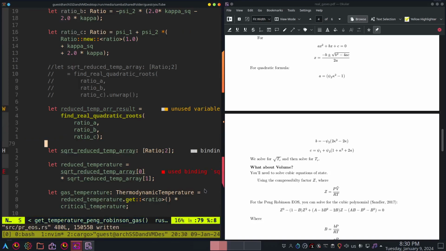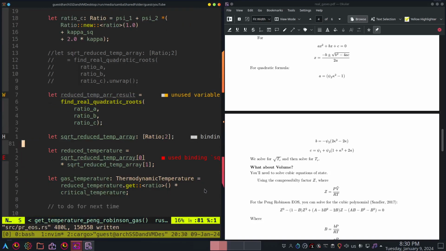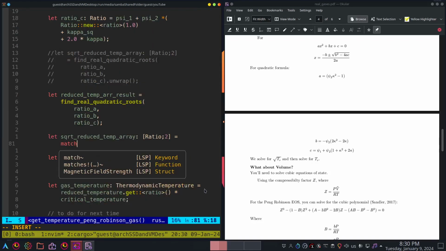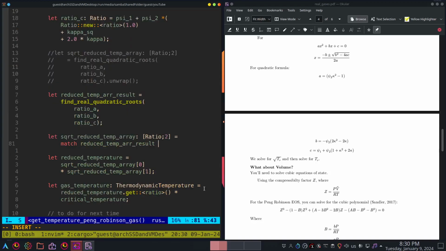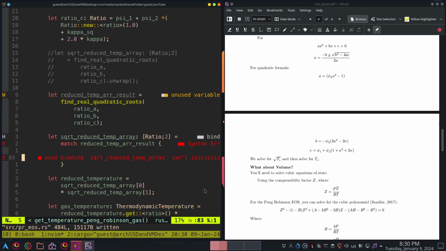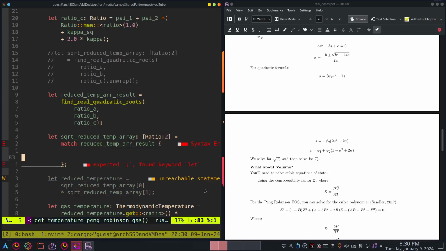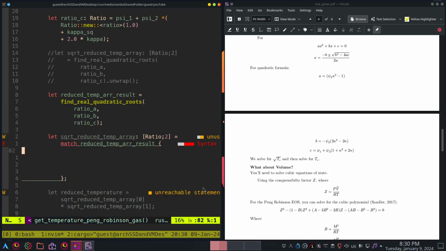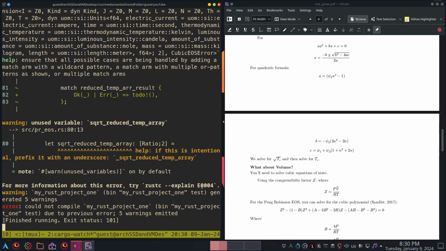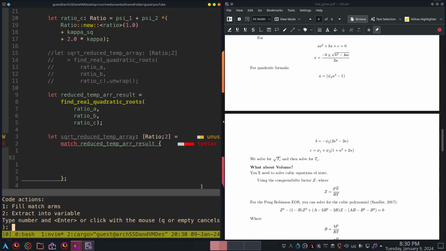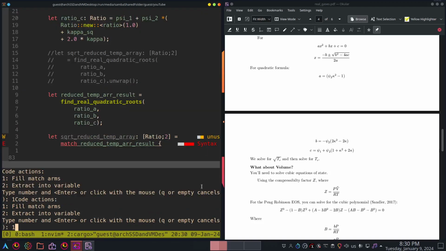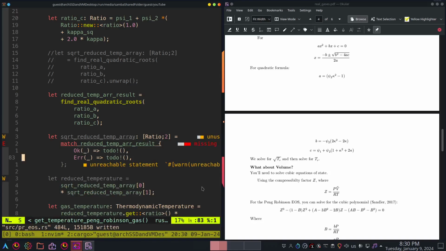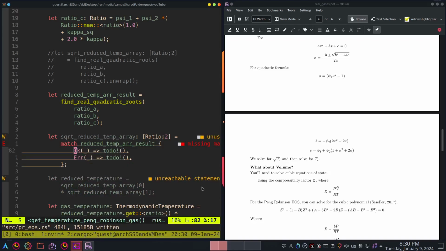And what did we learn before? We learned to do a match statement. So this equals match reduced temperature array result. Now I'm going to fill both of these match arms. This took a little bit of time.